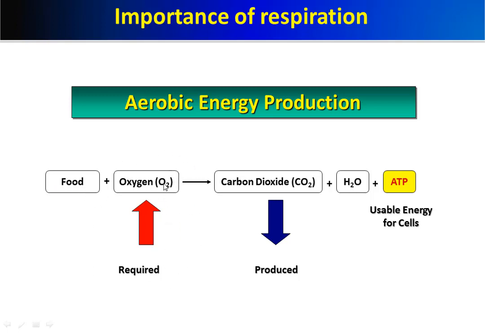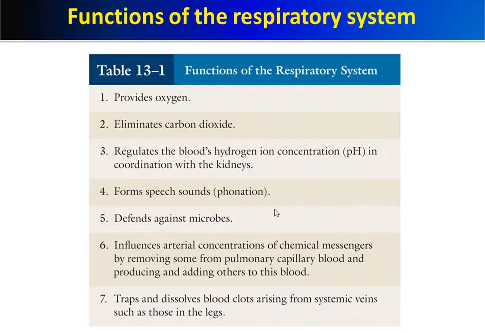So oxygen is required, and oxidation of food results in the production of usable energy for the cells in the form of adenosine triphosphate. And in this process of energy production, carbon dioxide and water are produced, and carbon dioxide is not required for the body and needs to be eliminated from the body.